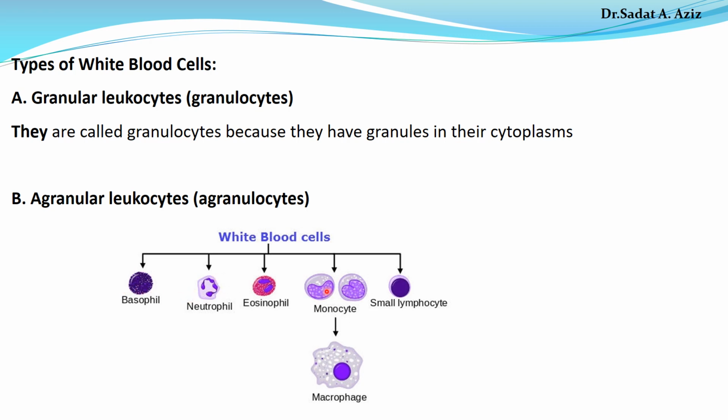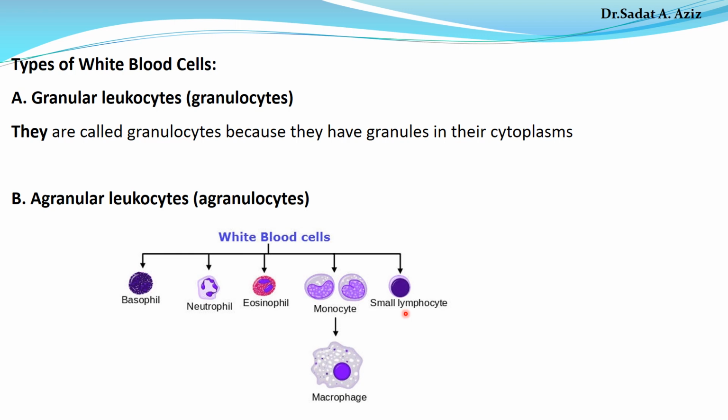Another class or type of leukocytes are agranulocytes. It means they don't have granules within the cytoplasm, such as monocyte and lymphocyte.